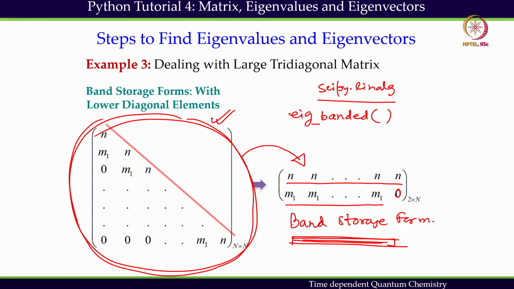Their structures are different, but one can convert it. The moment we convert it, we get this 2 by n matrix, and this new matrix, let us say, I will name B. So, this was A, I will call it B, and then I can find the eigenvalues and eigenvectors using eig underscore banded B. We will take a look at how to do that.